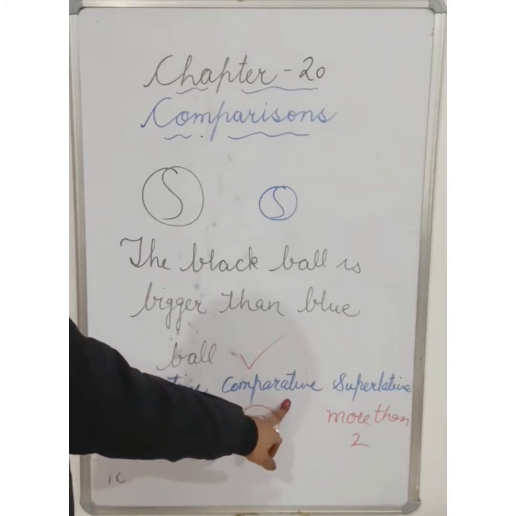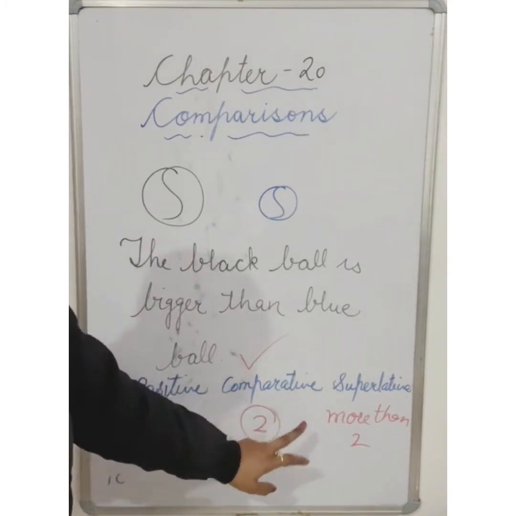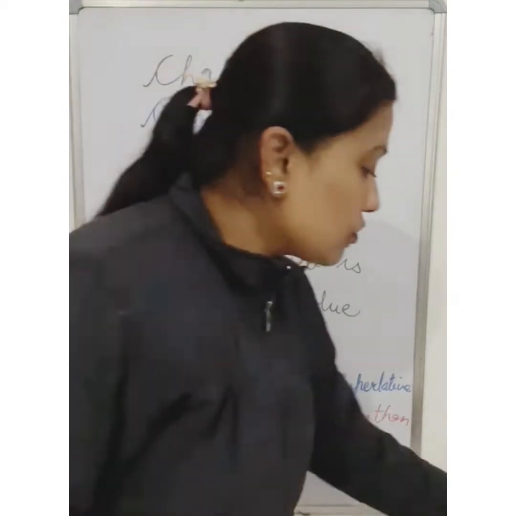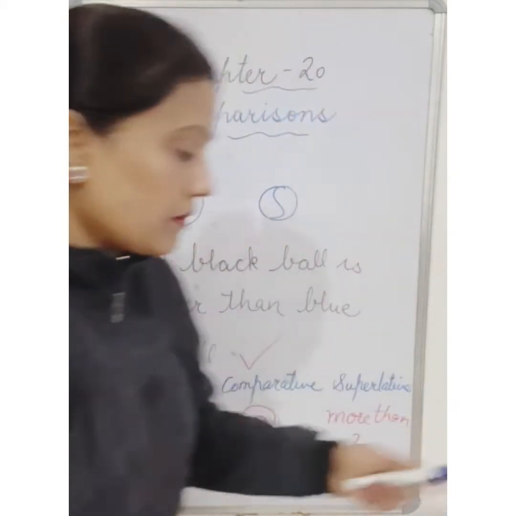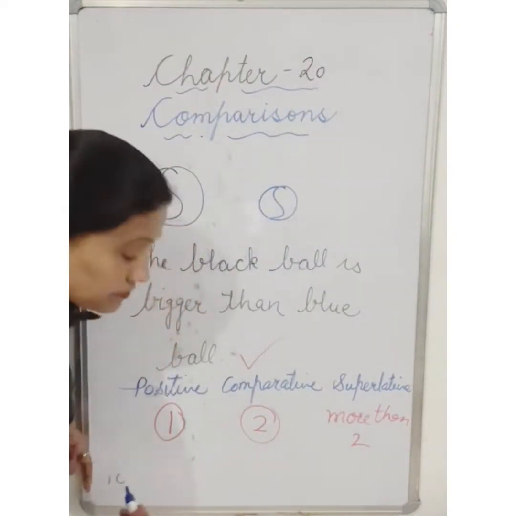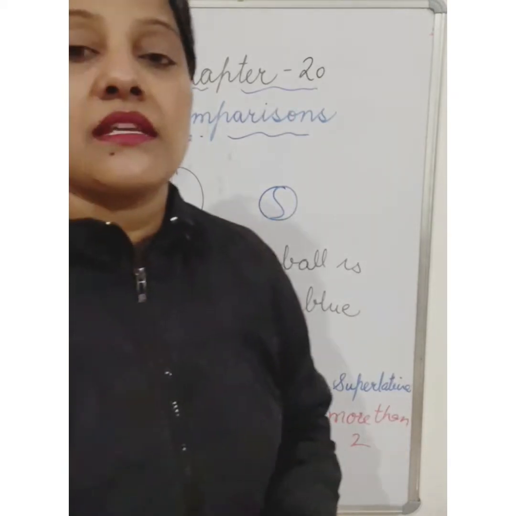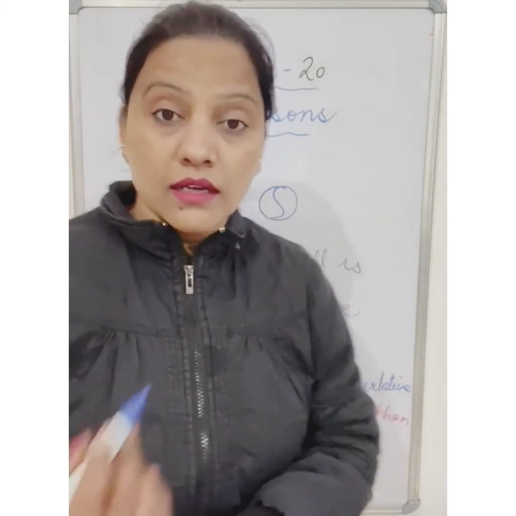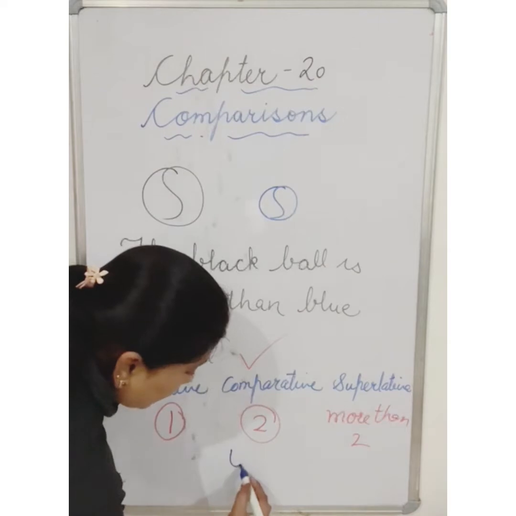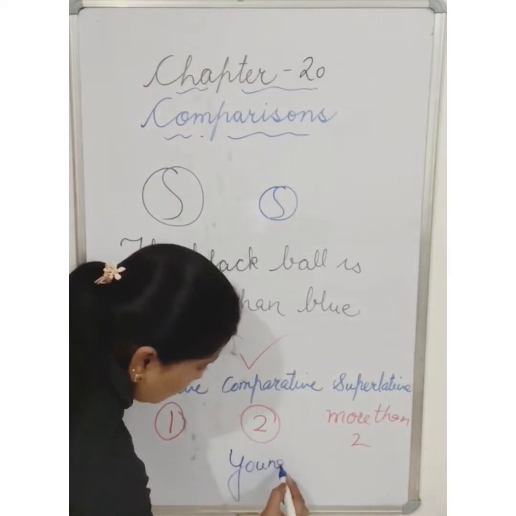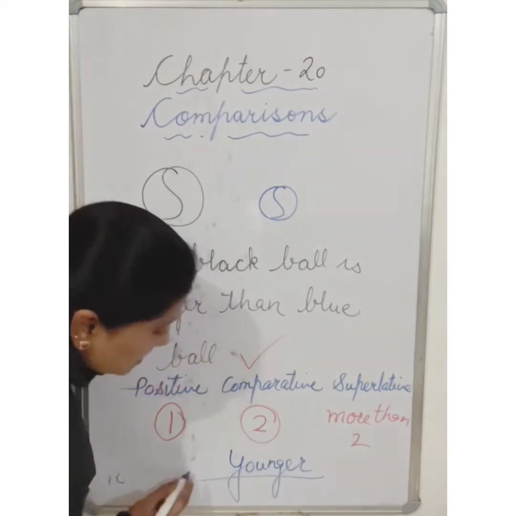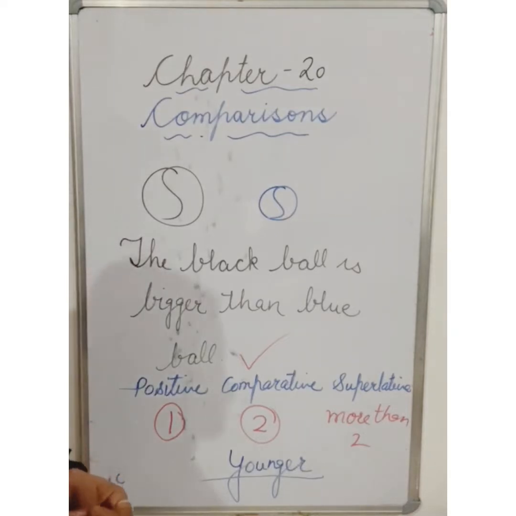Okay, for the comparative degree we use er at the back of the describing word. Suppose my brother is younger than me. My brother is younger than me, so that is the second degree, younger. Here I am using the second degree, er we use at the back.